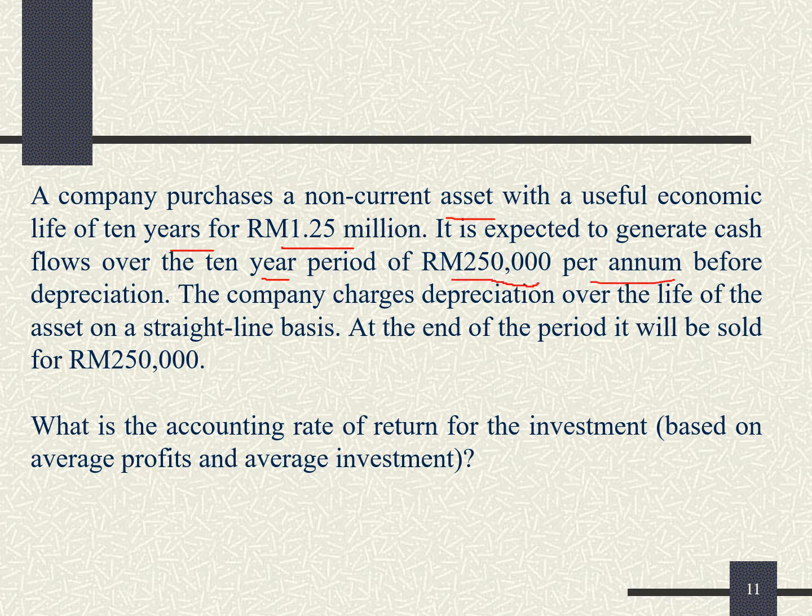Tiap-tiap tahun dapat 250,000 before depreciation. So the company charges depreciation over the life of the asset on a straight line basis. At the end of the period, it will be sold for 250,000. So what is the accounting rate of return for the investment based on average profit and average investment?